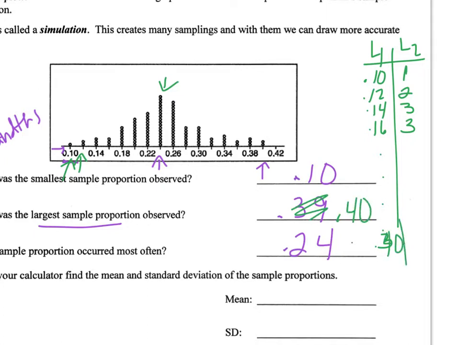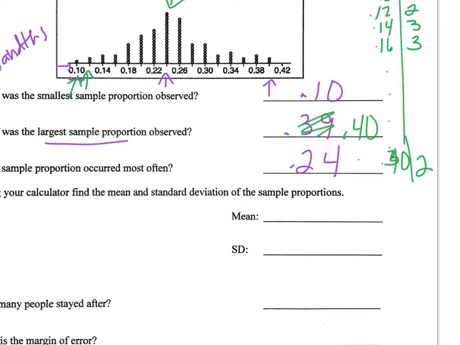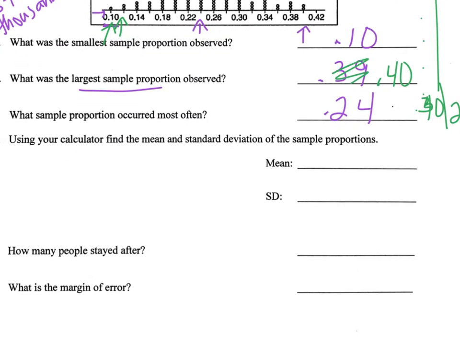I did it right when I did it, so that's good. There's 2 of them in that one. So you would plug all those in. I plugged them all in, rounding to the nearest 10,000th, and did my one variable statistics. So remember that's stat, calc, choice 1, and that's one variable statistics.